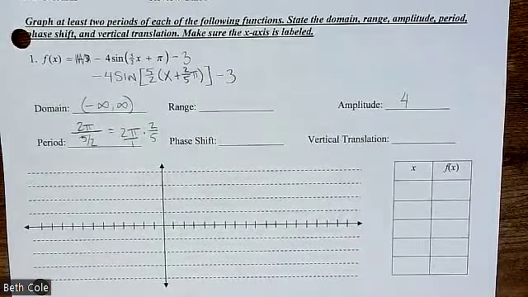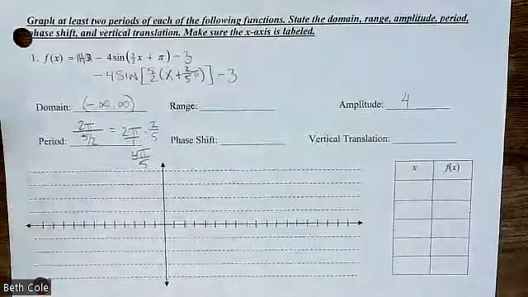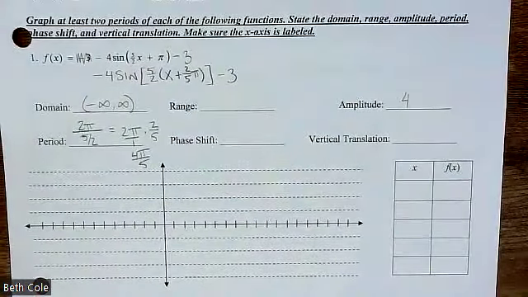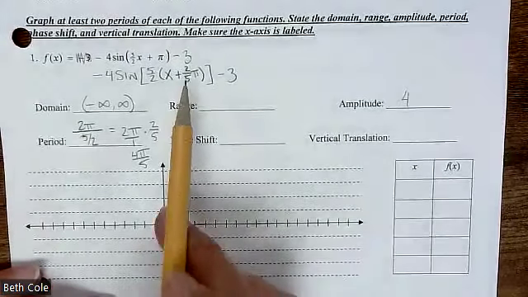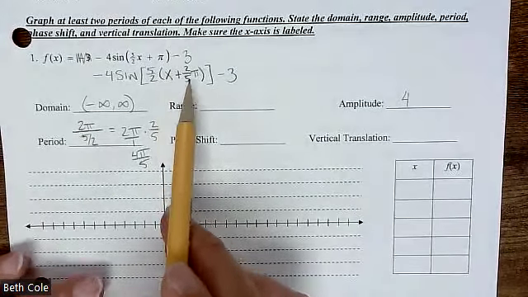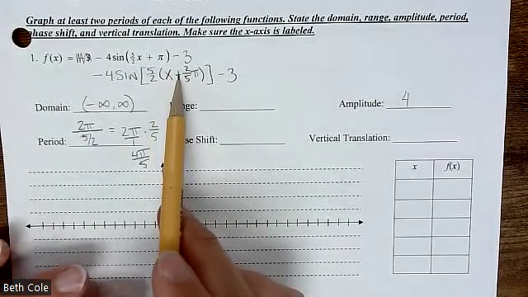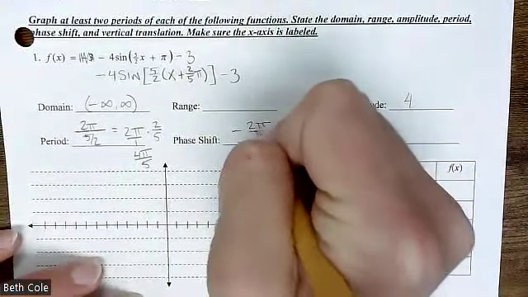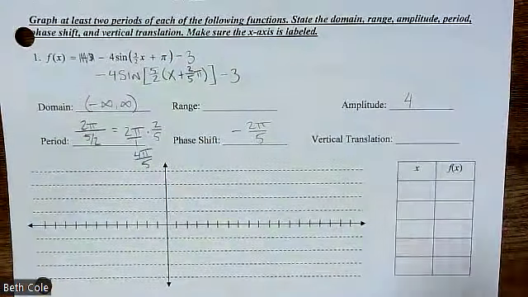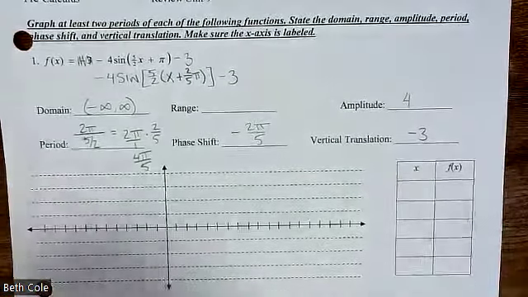What is that going to give us? 2 times 2 is 4, so 4 pi over 5, which again is a little bit weird, but that's fine. Phase shift is your left and right. So did this move left or right? Remember, it's kind of backwards. Left 2/5 pi. And then what's our vertical translation? Yeah, down 3. You can write down 3 or just -3.